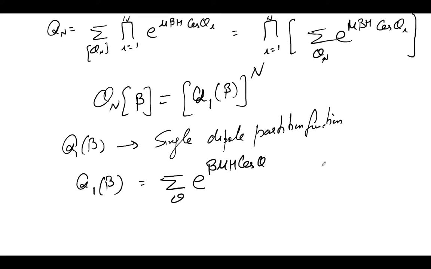If the magnetic field, that is the value of h, the external field, is applied in the z direction, then the mean magnetic moment of this system will be in the direction of the field. Just a minute, let me erase it.